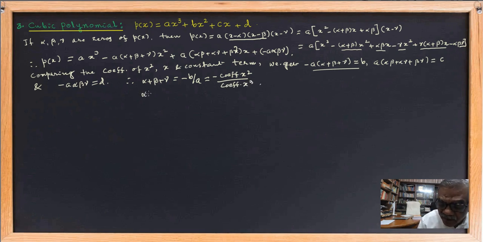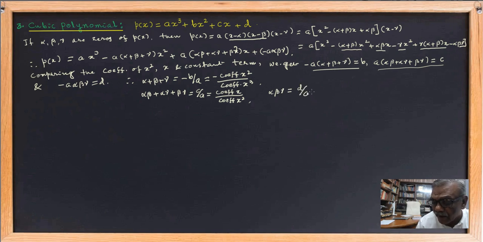And alpha beta plus alpha gamma plus beta gamma is equal to c by a, that is the coefficient of x divided by coefficient of x cube, and also alpha beta gamma is equal to minus d by a, the constant term divided by coefficient of x cube.